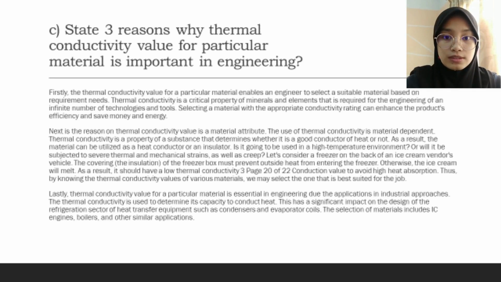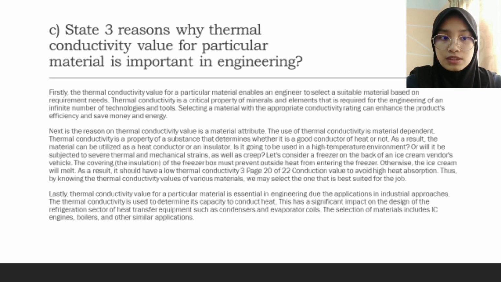First question on discussion is C. State 3 reasons why the thermal conductivity value for a particular material is important in engineering. First, the thermal conductivity value for a particular material enables an engineer to select a suitable material based on requirement needs.